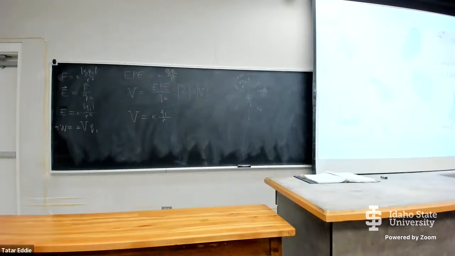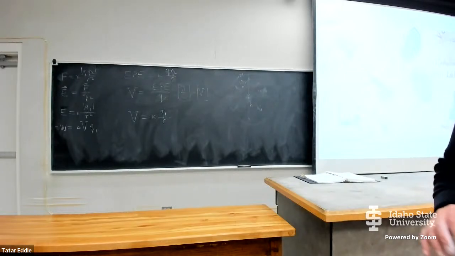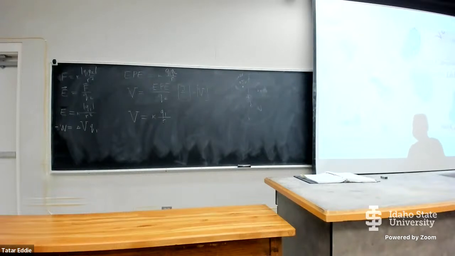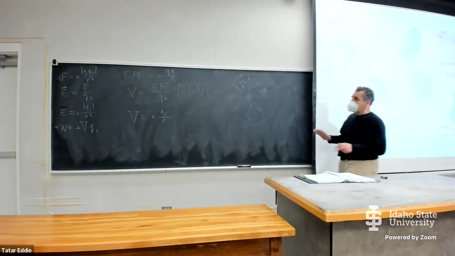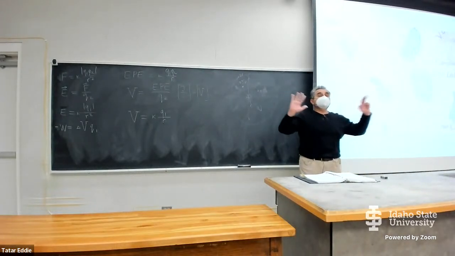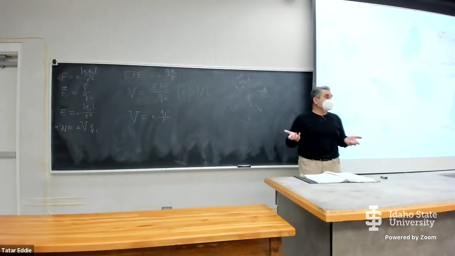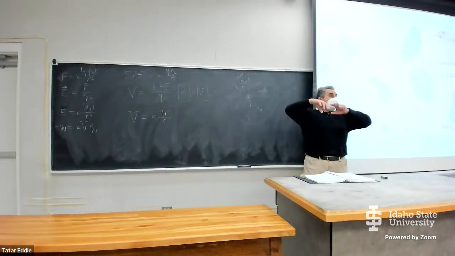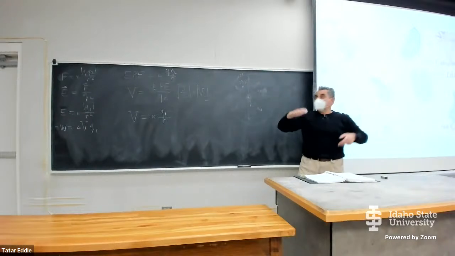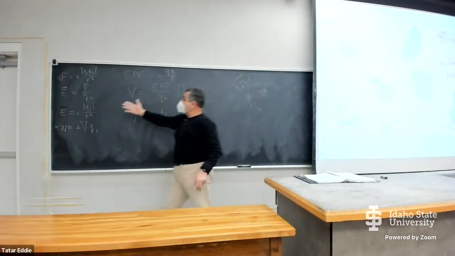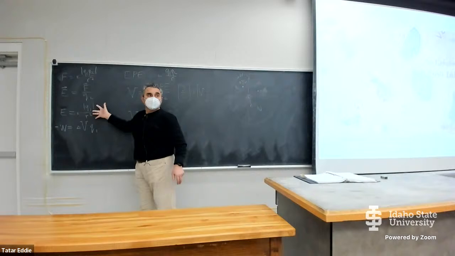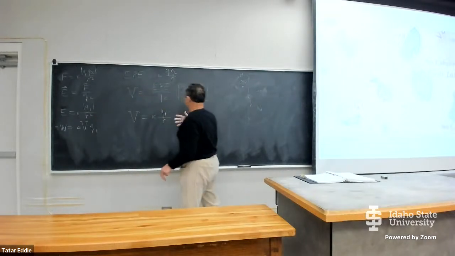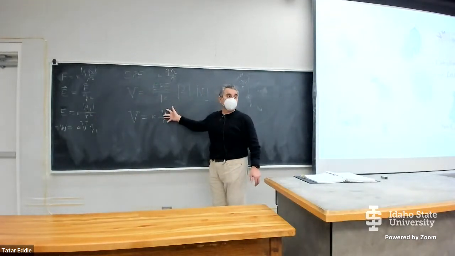Okay, so with this in mind, let's look at the following situation now. We have two alternative descriptions of the same situation. Electric phenomena can be described in terms of electric field or in terms of electric potential.